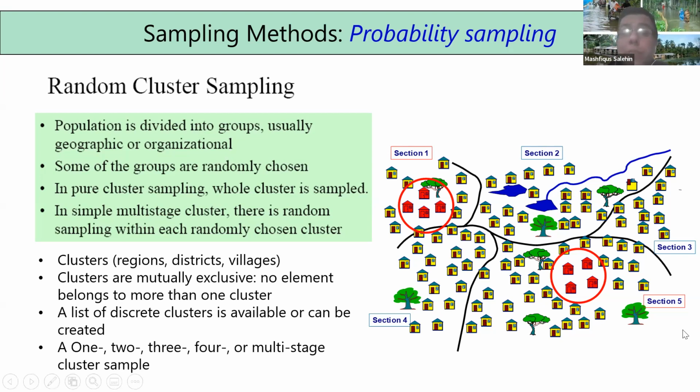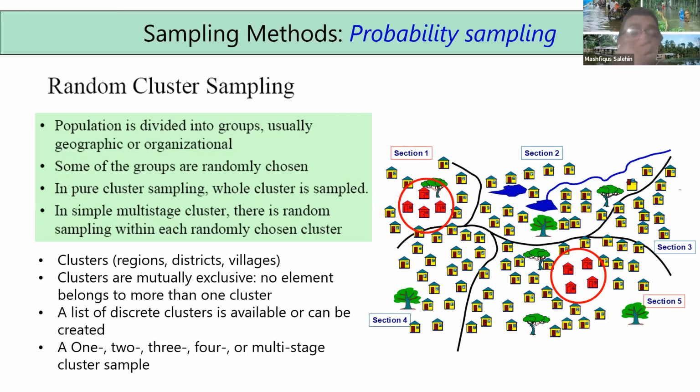For example, in the case of Bangladesh, these could be the districts in the northwest region, north central and northeast region, southwest, south central and southeast region, and so on. You can divide your population into these geographical clusters, and then from each cluster you can select your samples.